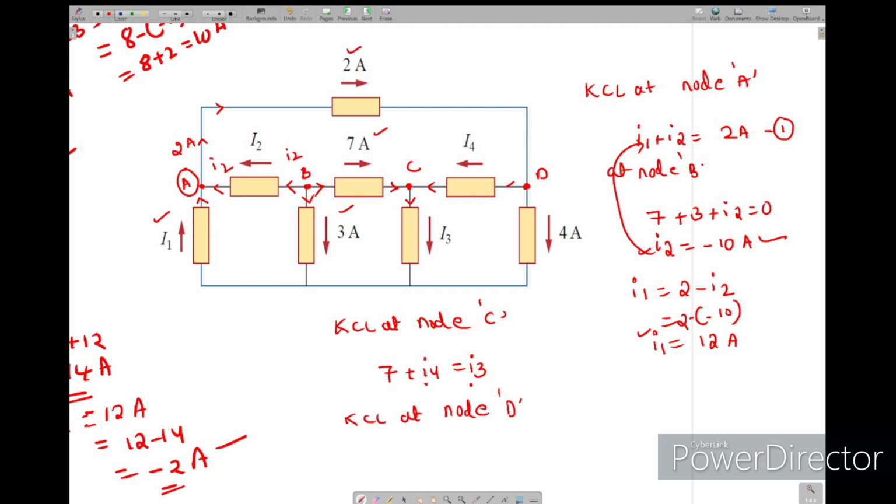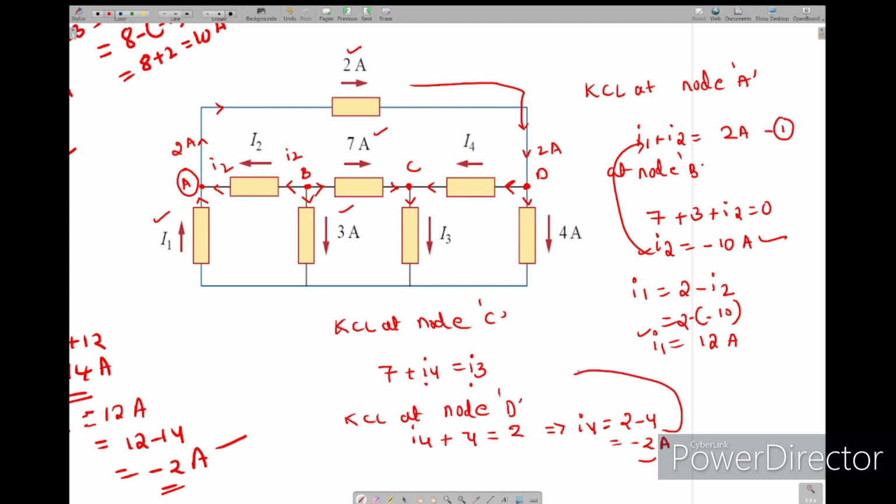Again you see this is leaving, and 2 amps is entering. This 2 amps is coming like this. So KCL at this node: the sum of leaving currents I4 plus 4 amps equals the sum of entering currents 2 amps. So I4 equals 2 minus 4, we got minus 2 amps.